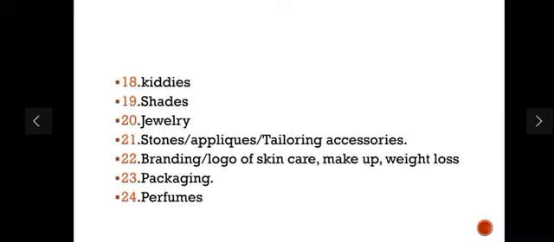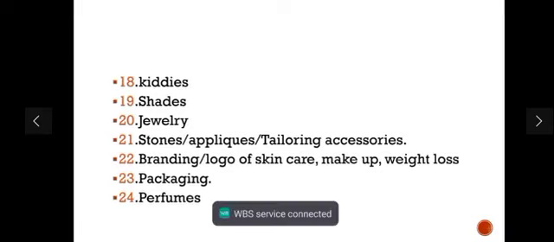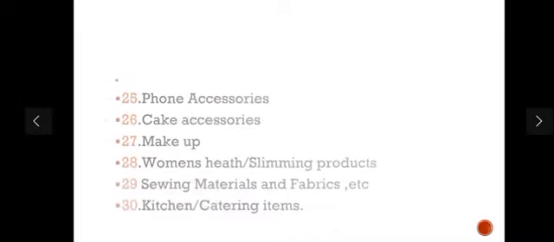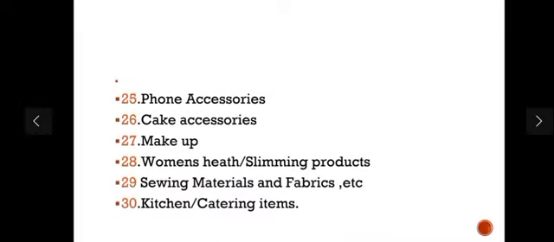Jewelries, kiddies, branding, logos, skincare, perfumes. But if you are dealing in perfume, because it is glass, you need to make sure that your buying agent takes proper care of it, and also the shipping method, so that your goods don't get damaged before getting to Nigeria. Then you have phone accessories like your phone case, your phone patch, and the list goes on.